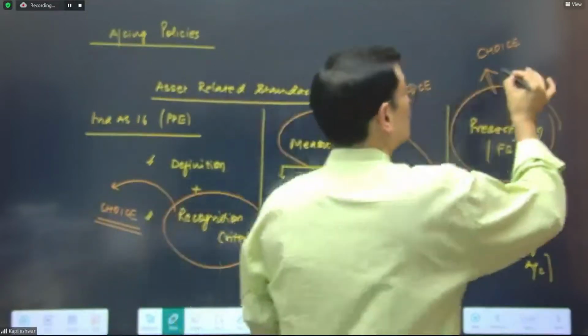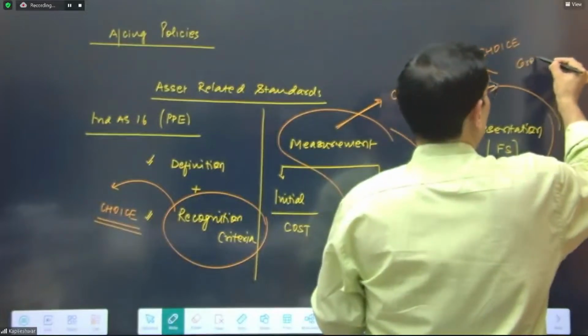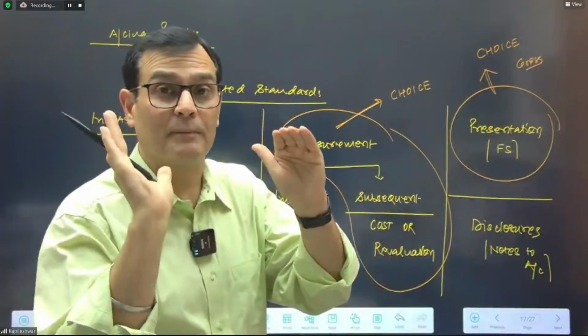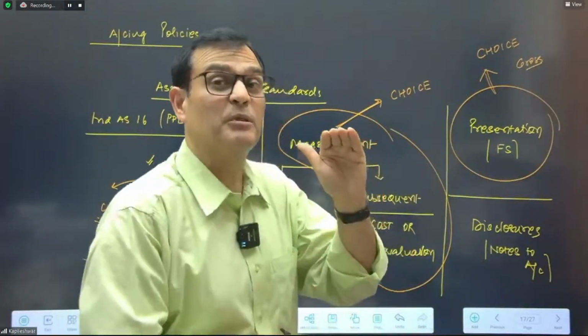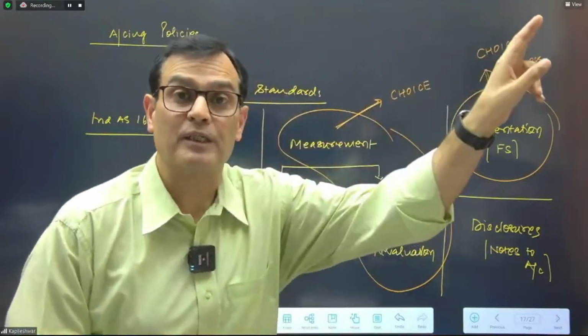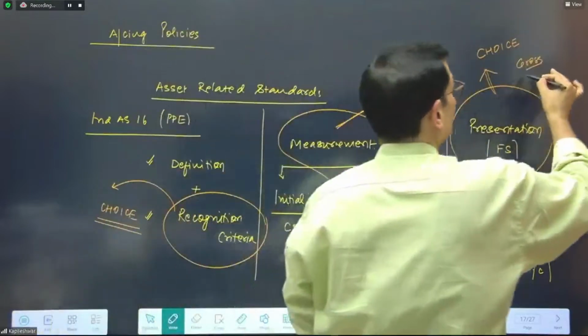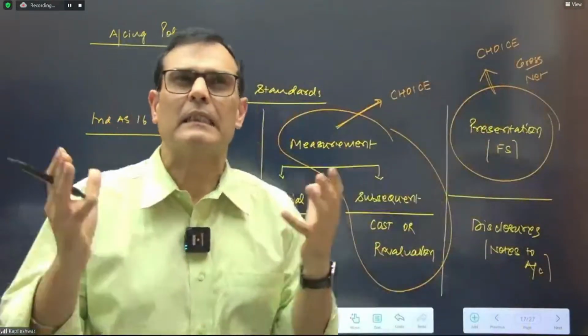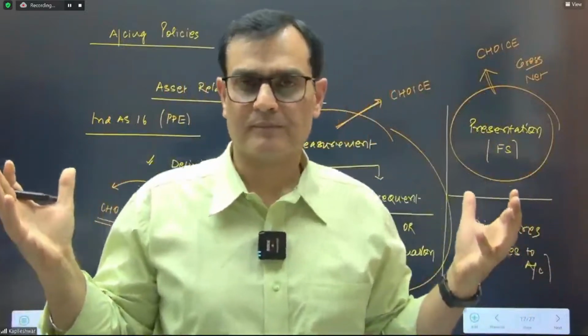So are you going to present the asset gross and show the grant on the liability side, or show the asset net of the government grant? It's a presentation choice.